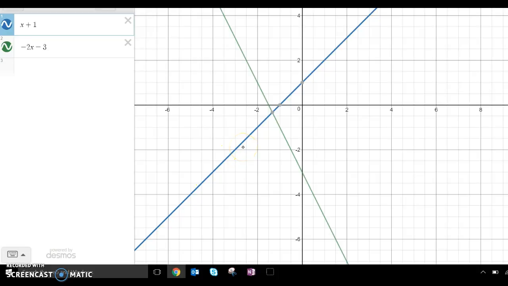And on the other one, I want greater than or equal to -3. So I would still go to -3 on my x-axis, but then I would go to my green line and I want everything greater than.